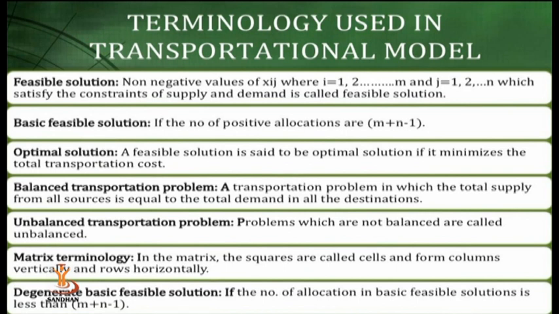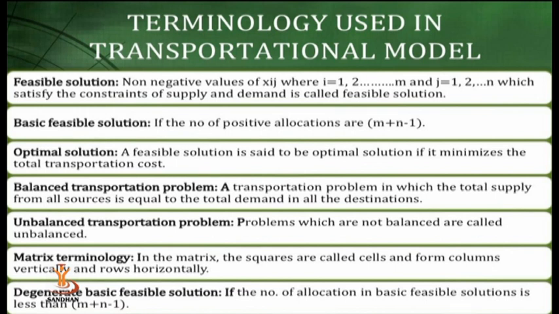If we recall, here m is the number of rows and n is the number of columns. An optimal solution in a transportation model is a feasible solution that minimizes the total transportation cost. So in the examples associated with transportation problems, we should always try to find an optimal solution.